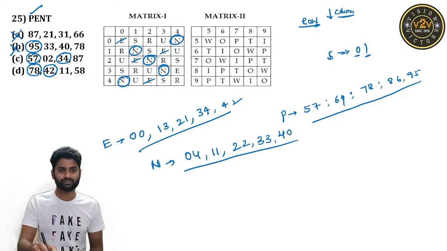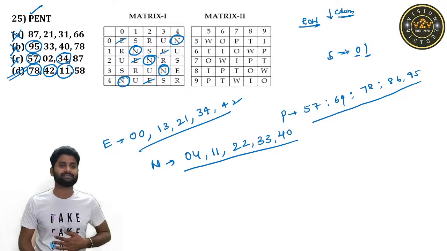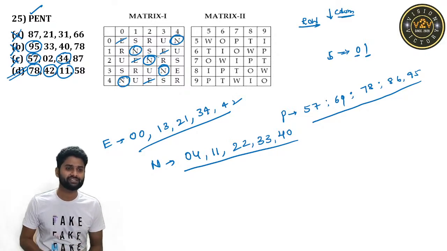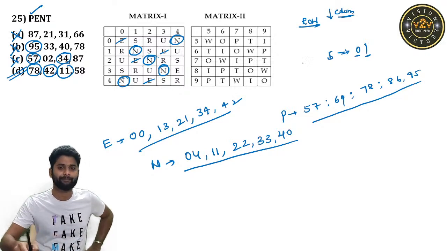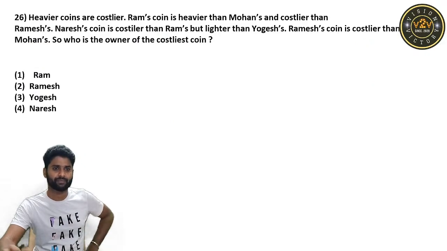Let's go through the options C and D. 04 is not there, 11, yes, we have 11, 22 is not there, 33 is not there, and 40 is not there. That's the best suitable answer according to the matrix. Then the code of PENT is 78, 42, 11 and 58. Is it clear? It's completely option verification, guys. Verify through options only.